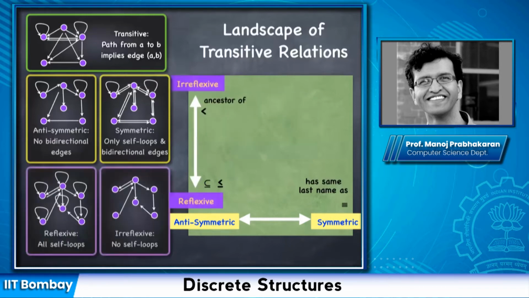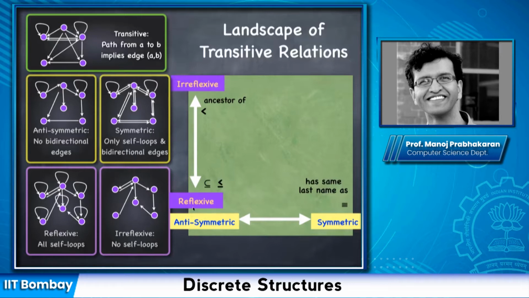Now let me bring in one more dimension to this. Again, there's something we already discussed, namely whether a relation is reflexive or irreflexive. These are two extremes. Reflexive means every element is related to itself, and irreflexive means no element is related to itself.